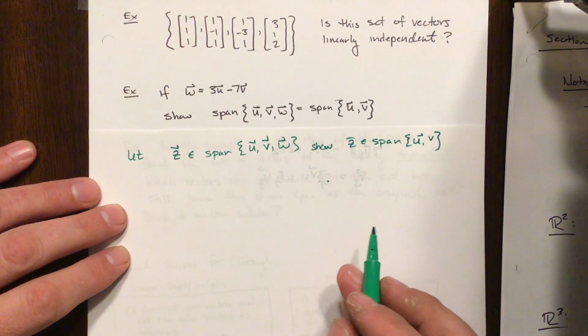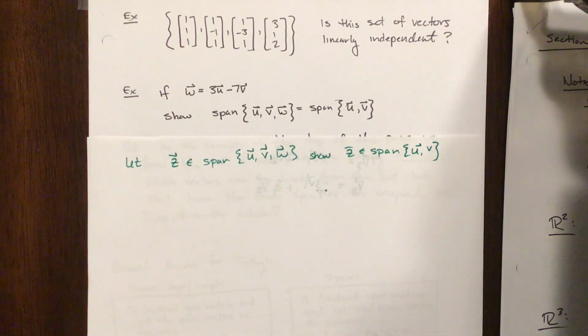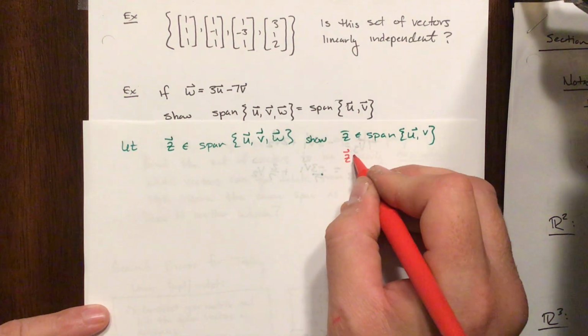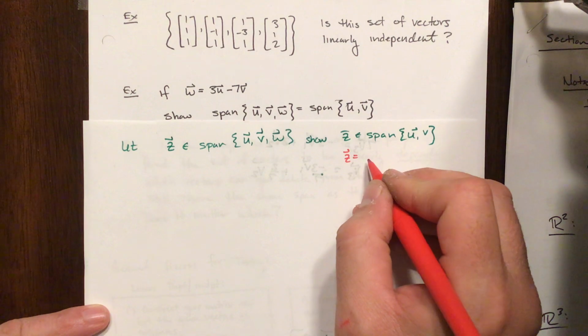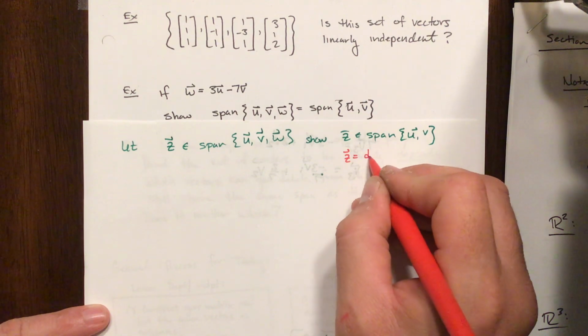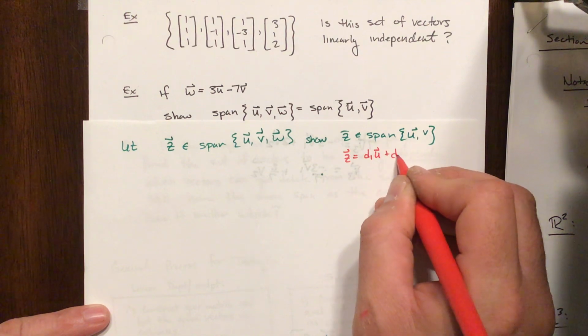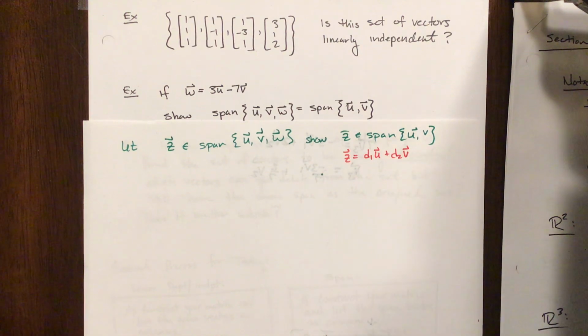What does it mean to be in the span of U and V? That means Z is equal to some scalar, call it D1 times U plus D2 times V. Ultimately that's what I want to show.